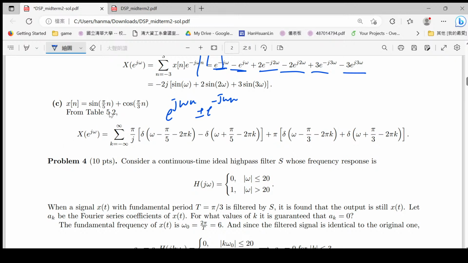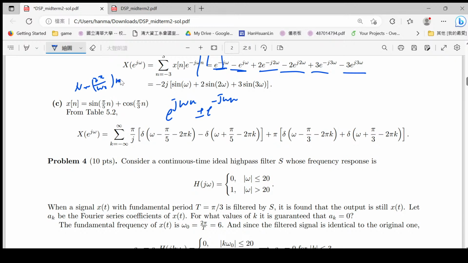We need to make sure that this is actually a periodic function. So this should be rational times 2 pi, and that should be correct. So omega naught here is this. I guess we can check that n should be like 2 pi divided by omega naught, times some m, right?